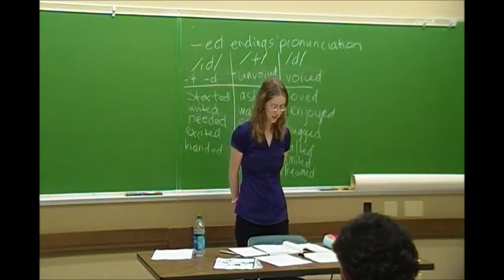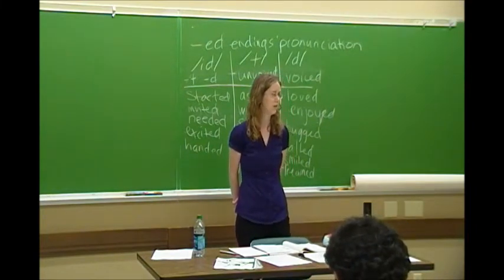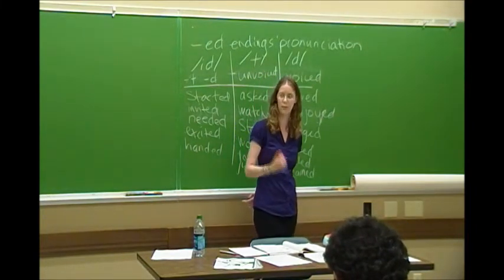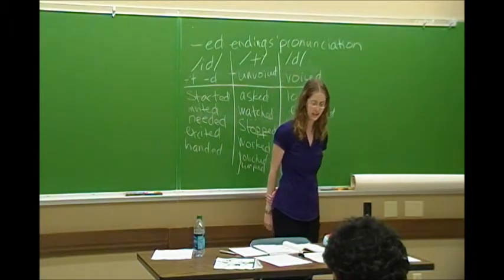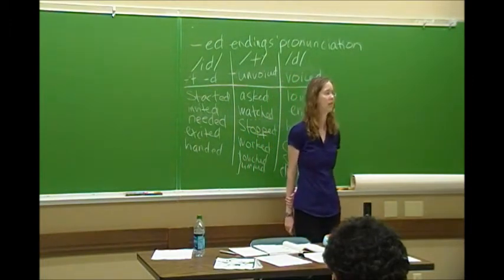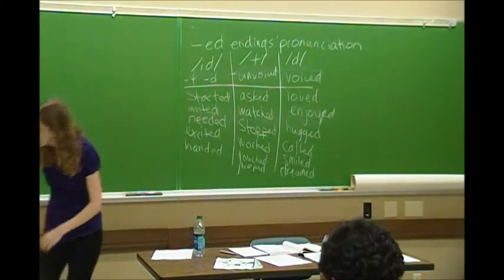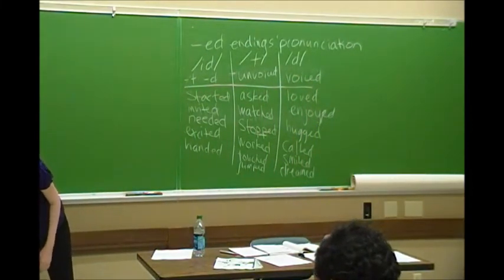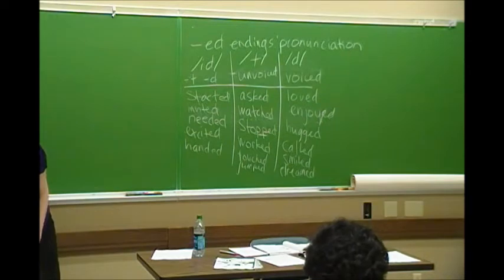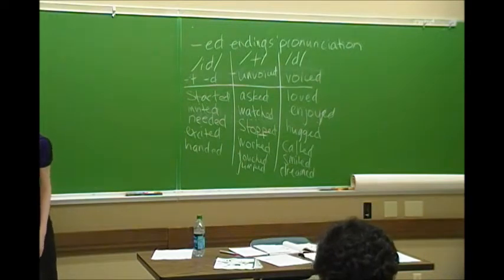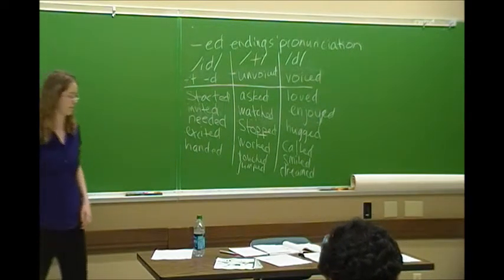Then check the sound that you hear at the end of the word. So you need to first write the verb, and then check, is it an id, a t, or a d? This is track number 19.